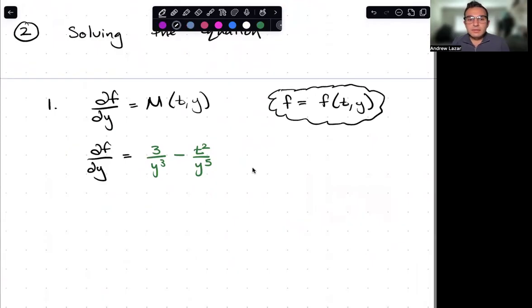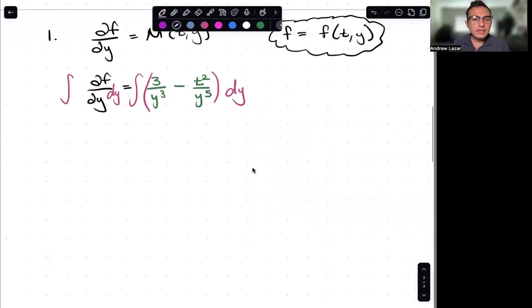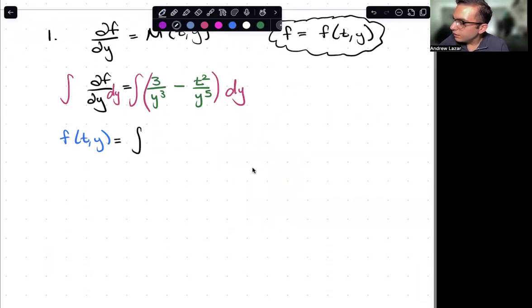So what we're going to do first is integrate with respect to y. So integrate this function with respect to y. So the integral of the partial of f with respect to y is going to come out to be f of t, y. And this is equal to the integral of 3 times y to the negative 3 minus t squared y to the negative 5.